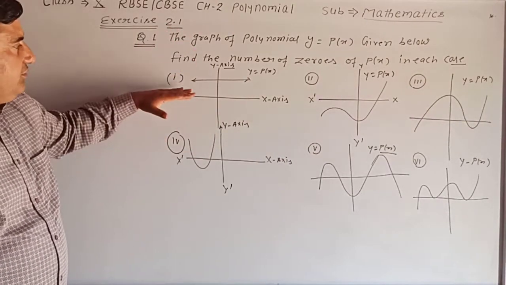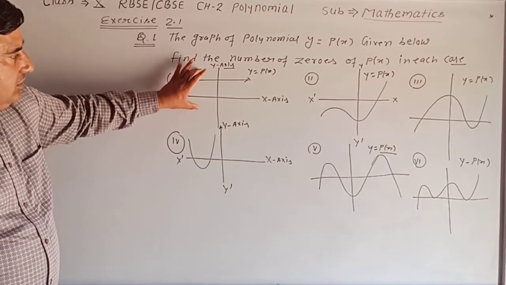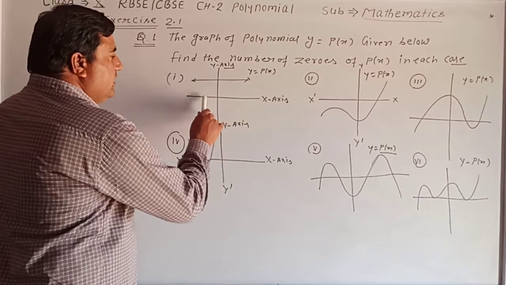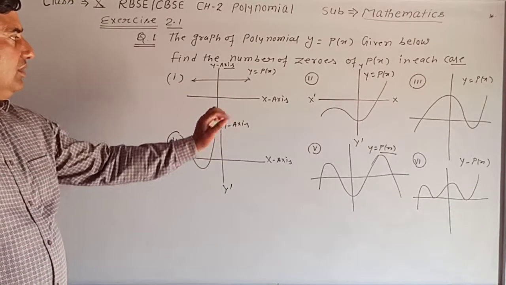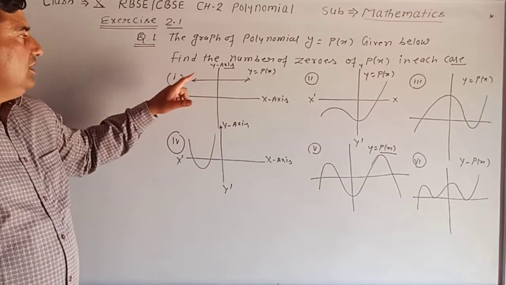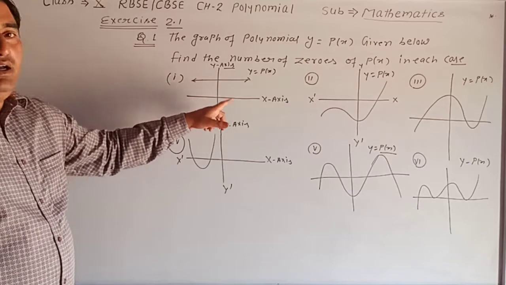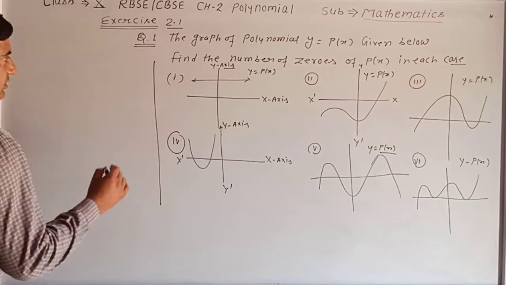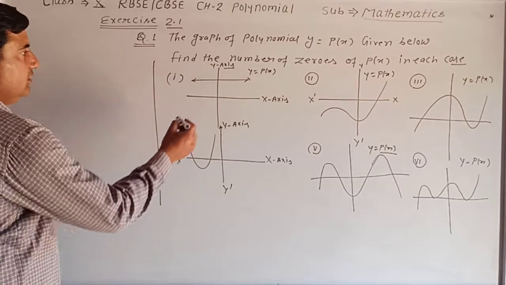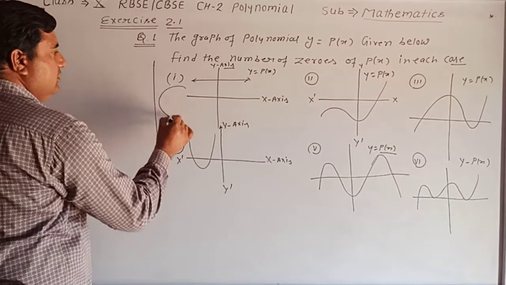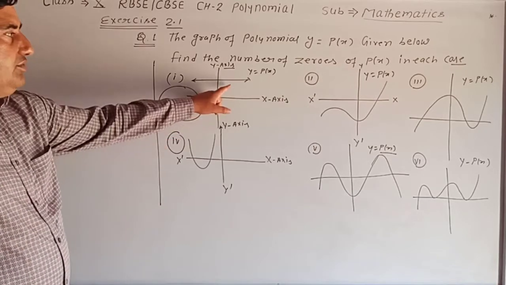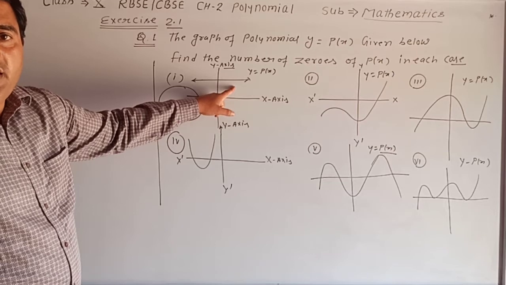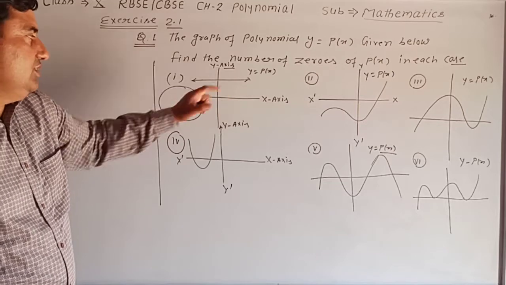Now, first, this graph intersects the x-axis. This graph does not intersect the x-axis, so this implies that the number of zeros equals 0.